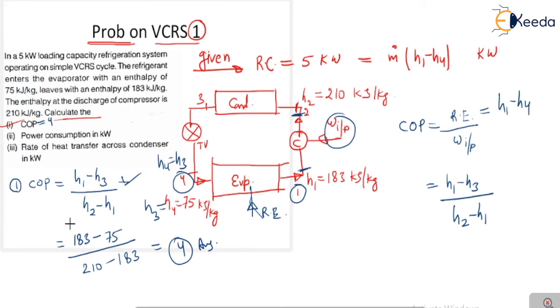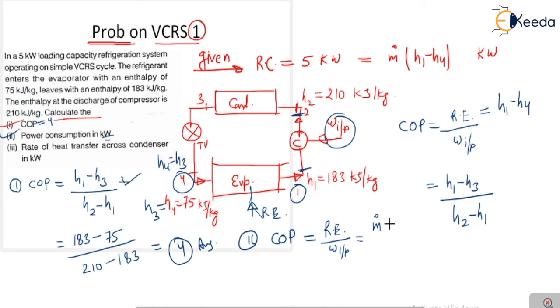Okay, my dear friends. Now, second one is calculate the power consumption in kilowatt. Again, for the second, go for COP. COP is either refrigeration effect upon work input, or in terms of mass flow rate multiplication with the refrigeration effect.